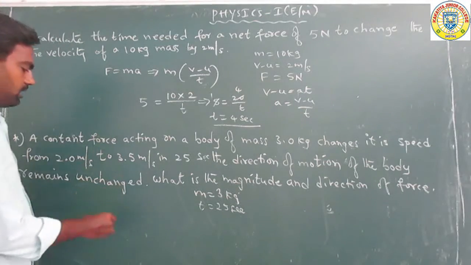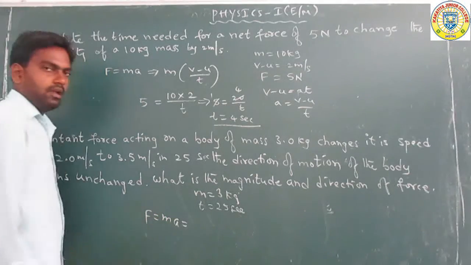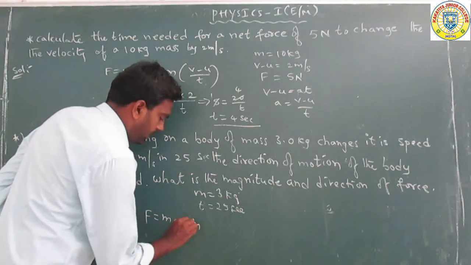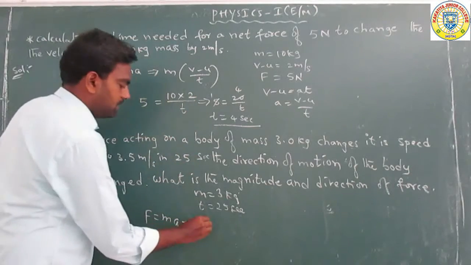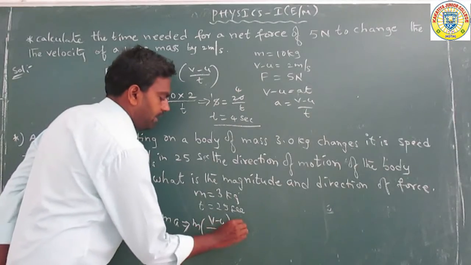Alright, according to Newton's second law, F = ma. Here also we can write a similarly as (v - u)/t.